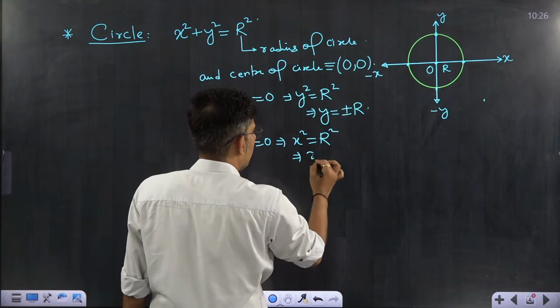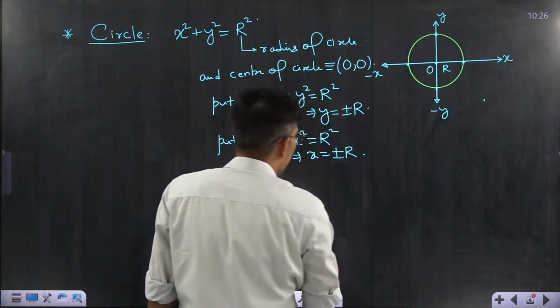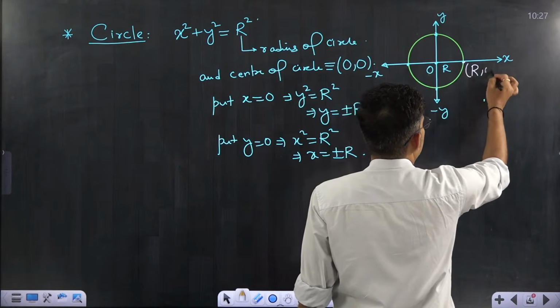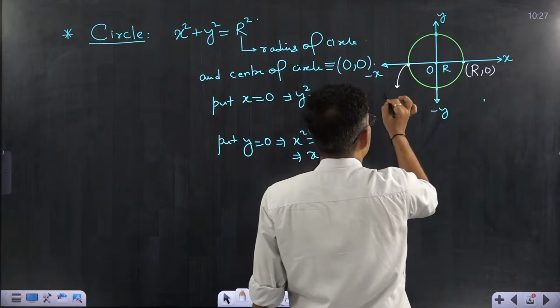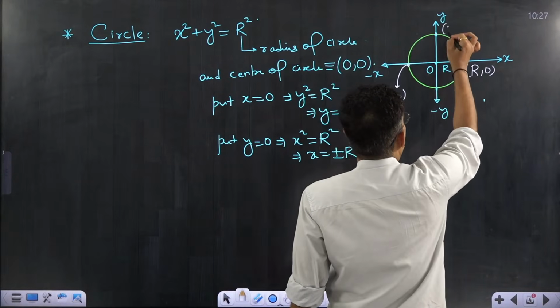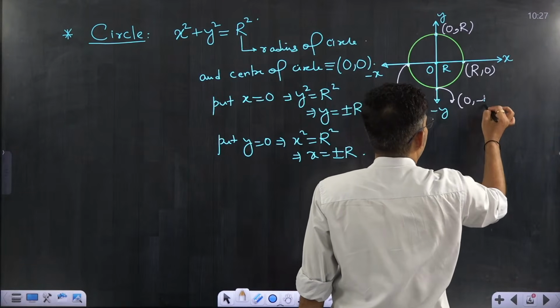That means x will be plus minus r. So that's why you can see the points. This point x equals plus r, means (r, 0). This point will be (-r, 0). This point on the y axis is (0, r), and this point will be (0, -r).